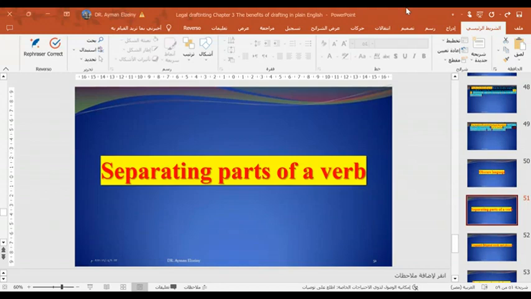Today, we shall complete our discussion regarding a very important point which we have to consider in making legal drafts. Also, we have to avoid separating parts of verbs.